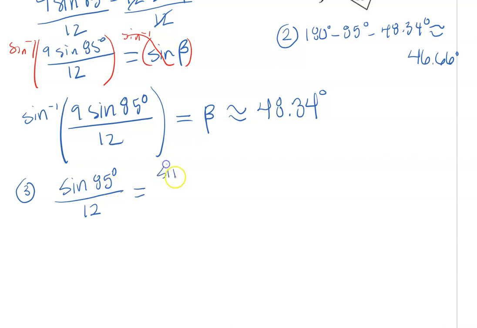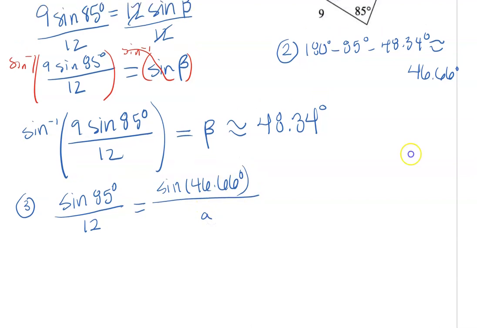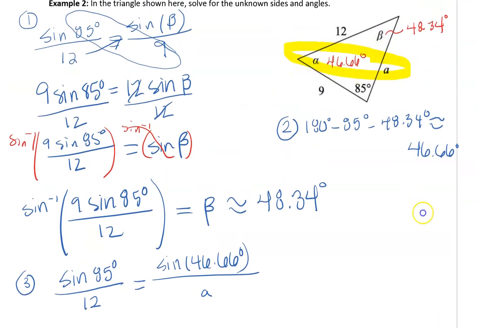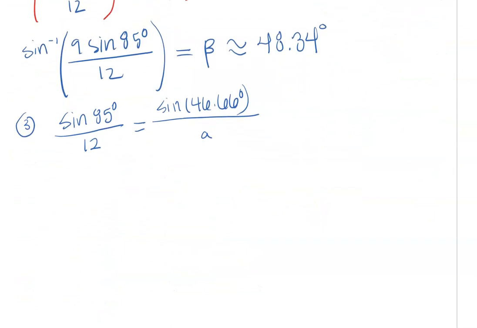Now I do have to use sine of 46.66 degrees in order to figure out A, because of that relationship that these are opposite of each other. So I'm going to come down here and finish out this calculation. In order to get this, I'm going to have to cross multiply.